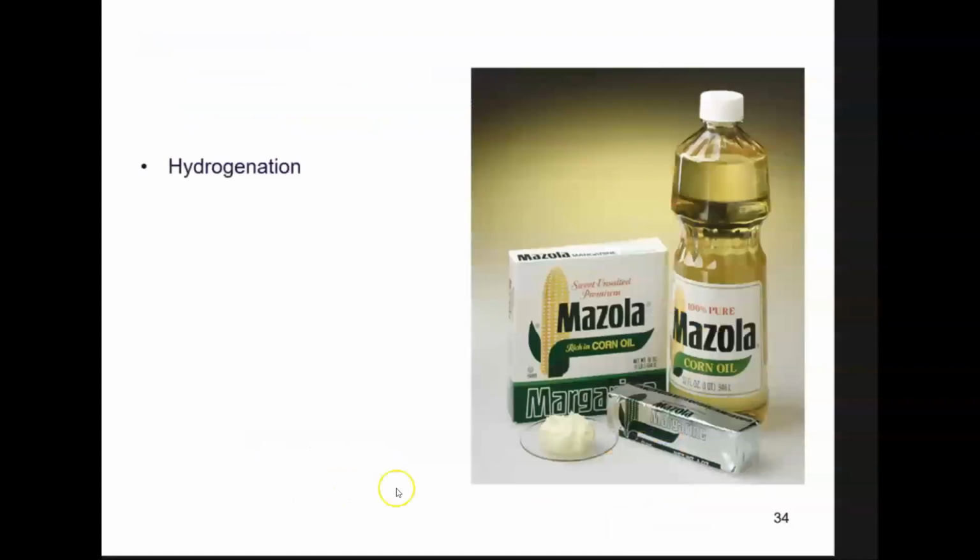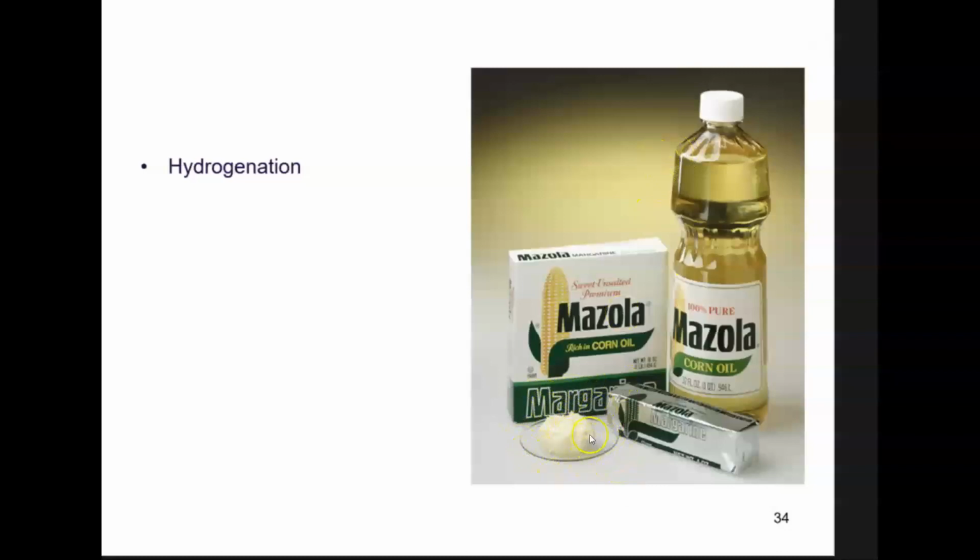Through the hydrogenation process, we can take this lovely liquid fat from plants and turn it into a solid fat. Now, why would we want a solid? Take this nice vegetable oil that has a lot of unsaturated fatty acids and make it hardened.